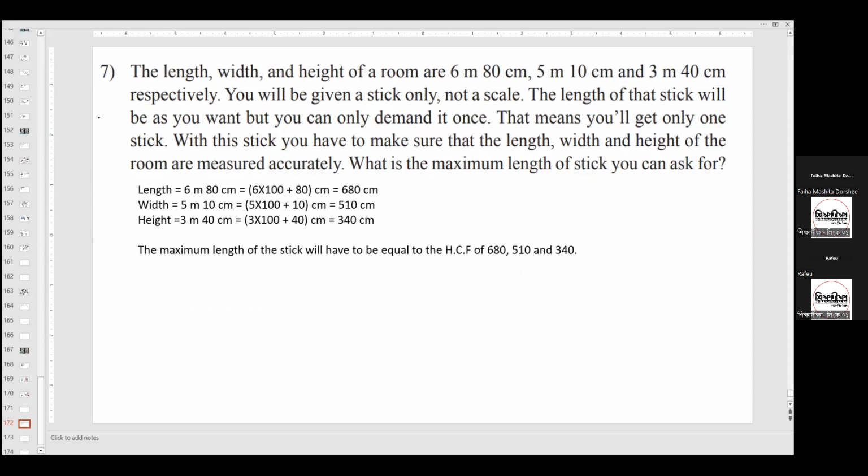Sir, I use the Euclid method. Okay, it's up to you. I go for the division method. We should practice both, because if we are told to find it, then it will be easy for us.